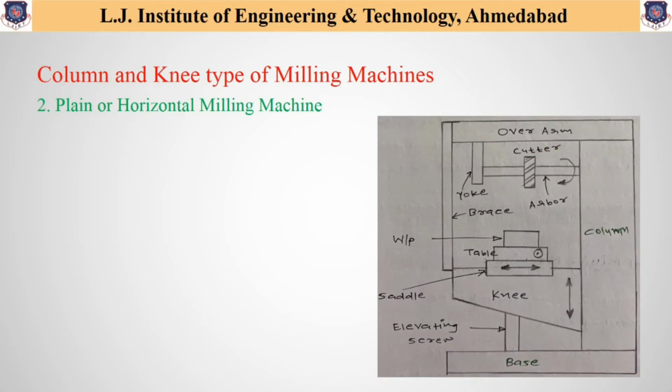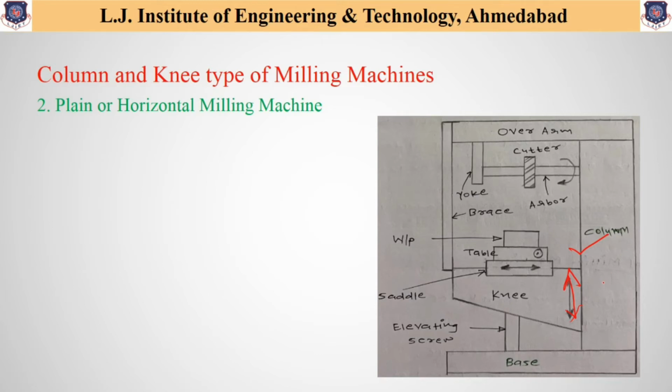Now we will discuss the third part, that is the knee. The knee is a rigid casting which is capable of sliding up and down, which is shown over here. It slides up and down along the guideways provided on the front face of the column, which we have discussed in our column section also.